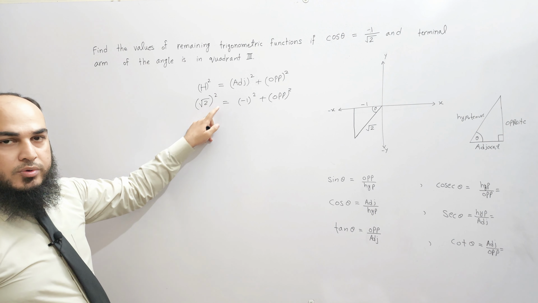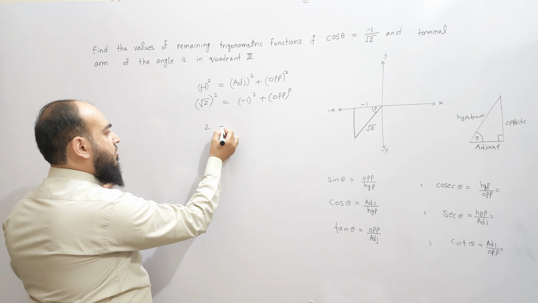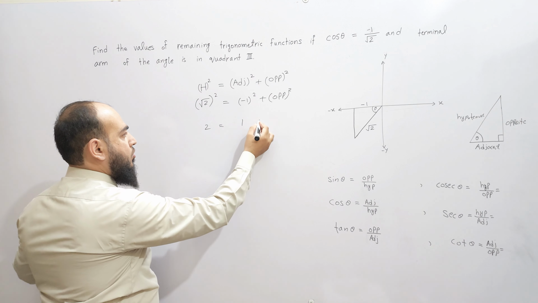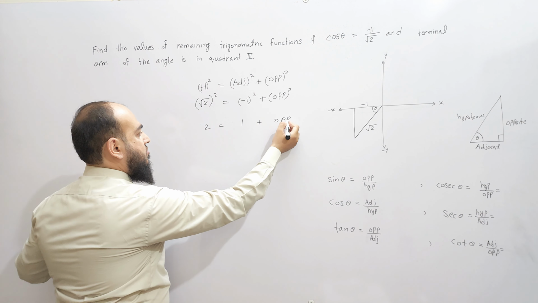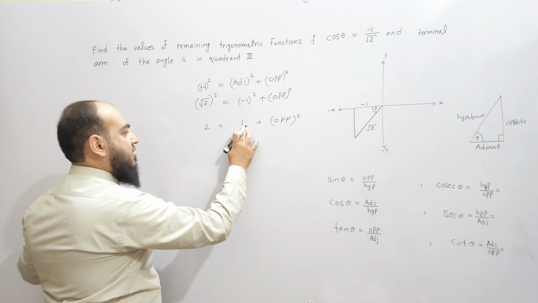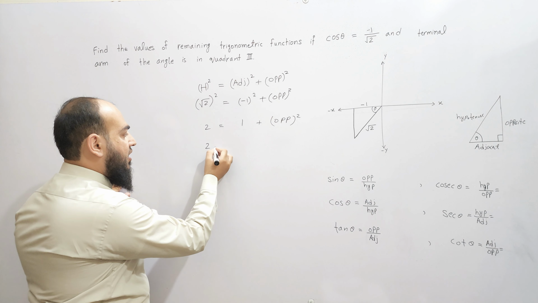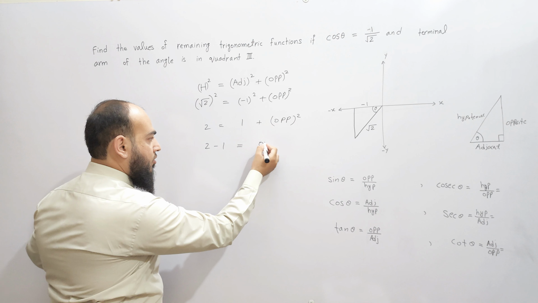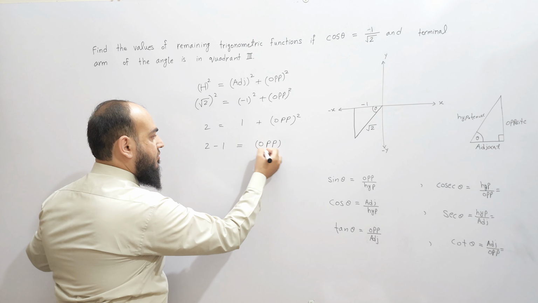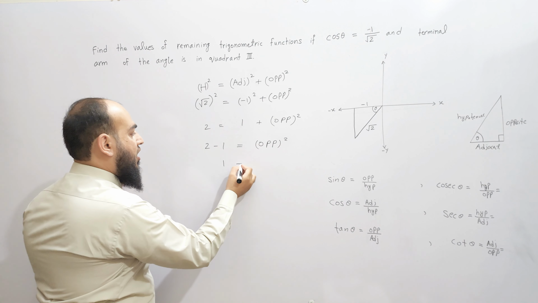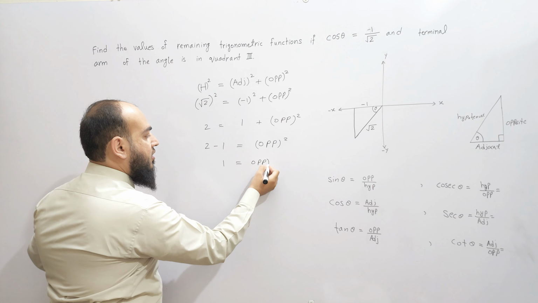Square root cancels with square, you will get 2 is equal to minus 1 square, which is 1, plus opposite square, and this is positive here, it will go on the other side and become negative like this. 2 minus 1 is equal to opposite square.